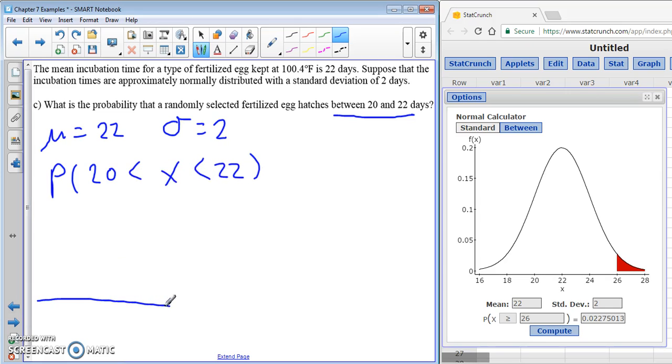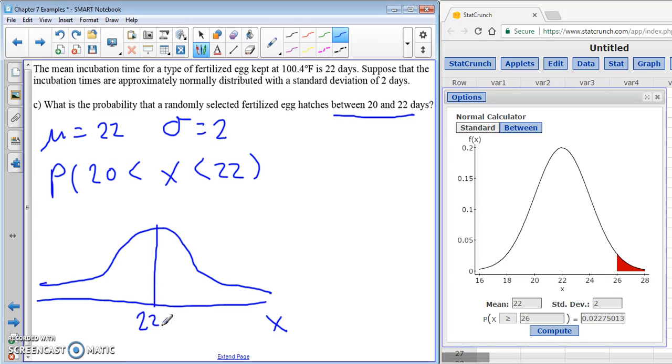Here's our rough sketch: our mean is at 22, and then we go up by 2s and down by 2s. If we remember the empirical rule, this is about 34%, so we should get approximately 0.34 or something close to that when we calculate this on StatCrunch.